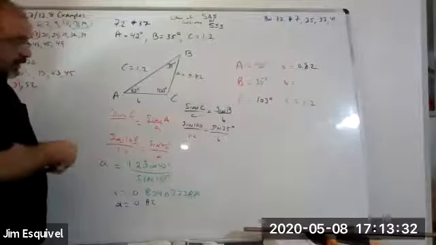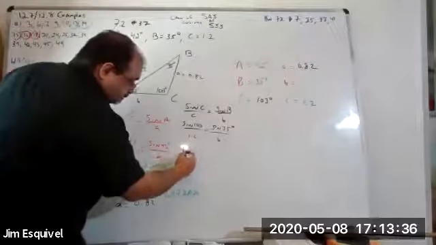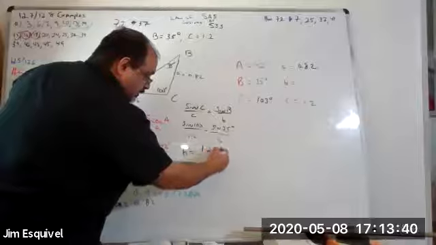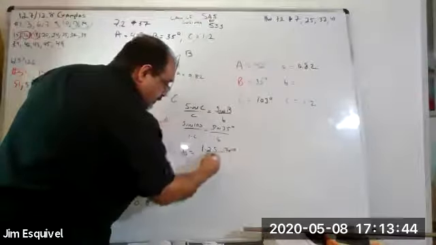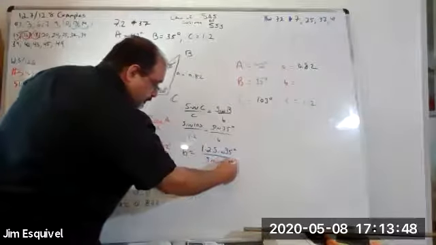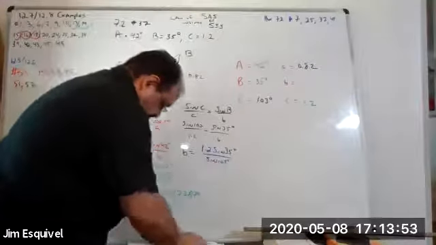And we cross multiply. So B is equal to 1.2 times the sine of 35 divided by the sine of 103. That gets punched in.